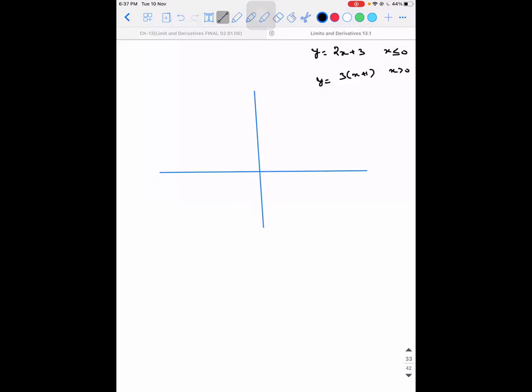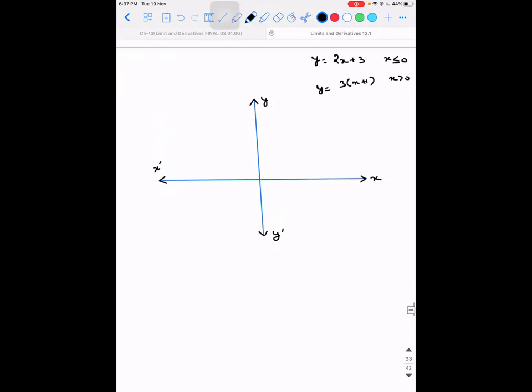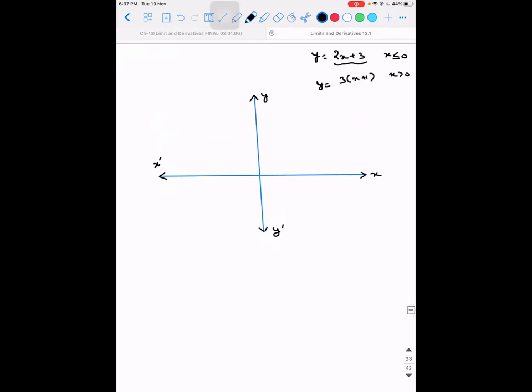Now see. x, y, x dash, y dash. So y is equal to 2x plus 3. Am I right? So y is equal to 2x plus 3 represents what? y is equal to mx plus c. It's a straight line with the slope as 2. So this will be the line.